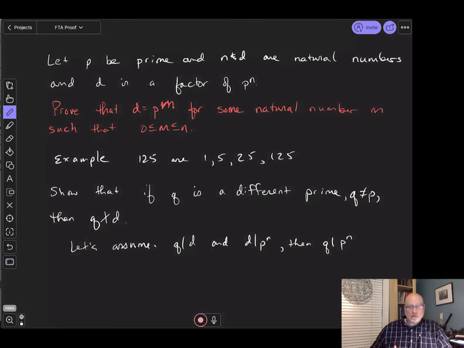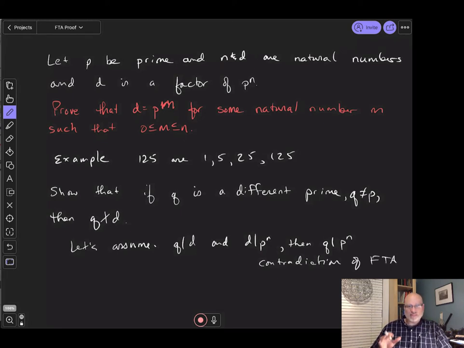By the fundamental theorem of arithmetic, if Q is another prime number, this is a contradiction, because we can't have another prime Q dividing a power of some other prime. So, contradiction of the fundamental theorem of arithmetic.